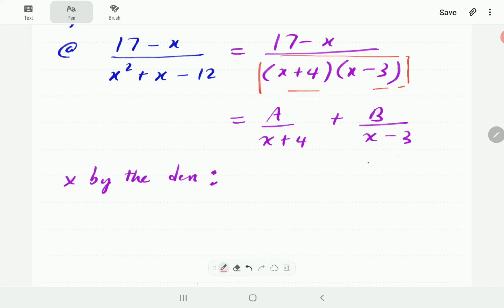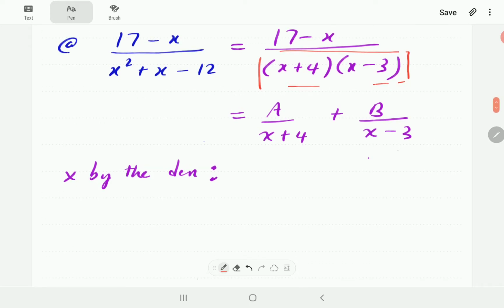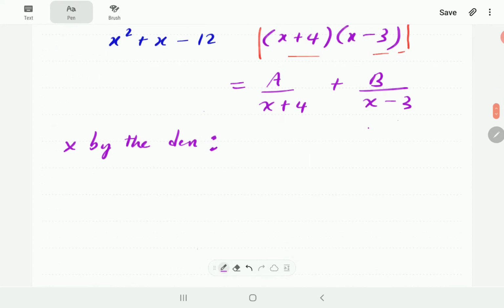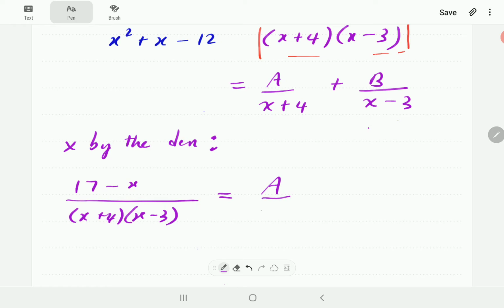Let me just do it step by step for this example, and then for the next examples we can go through it quickly. So we've got 17 minus x all over x plus 4 into x minus 3 is equal to a over x plus 4 plus b over x minus 3.